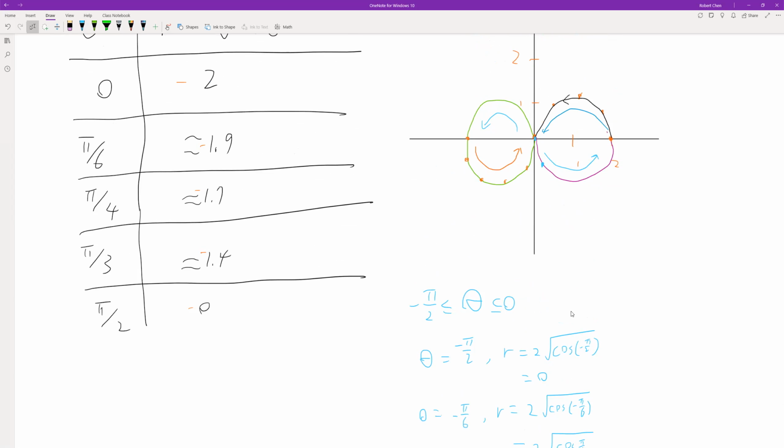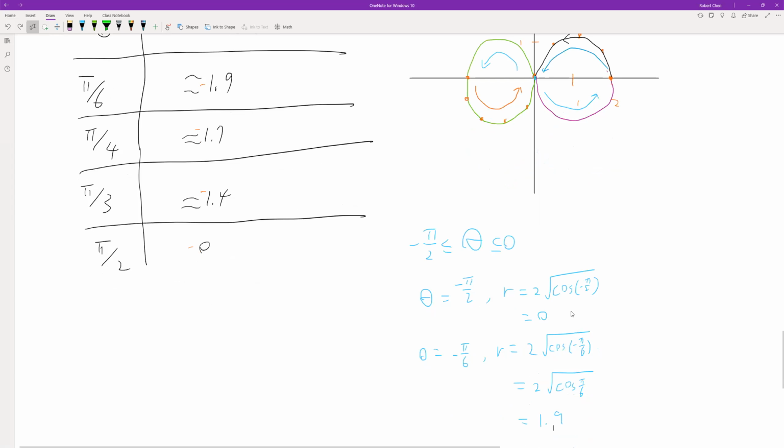And then as you increase the angle, oh, sorry, not here. Pi over 6 is right here. Right? This is negative pi over 6 and 1.9, right? And then this is where negative pi over 2 and 0 is.